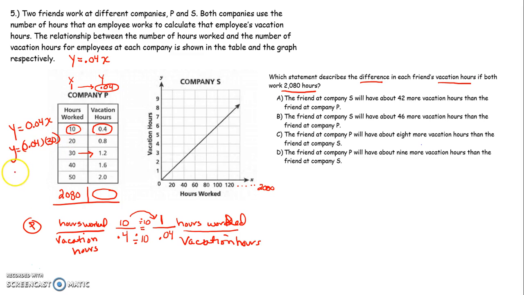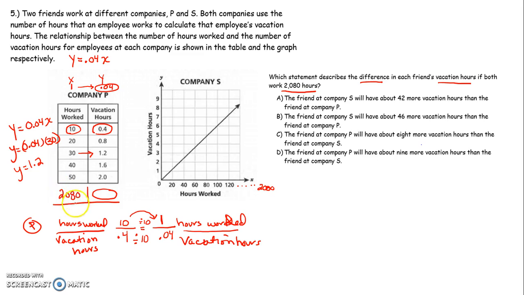So if you work 30 hours, you earn 1.2 vacation hours. So if you work a 40-hour week, that's a little bit better than a vacation hour a week. That's not too bad. So that's for this company.